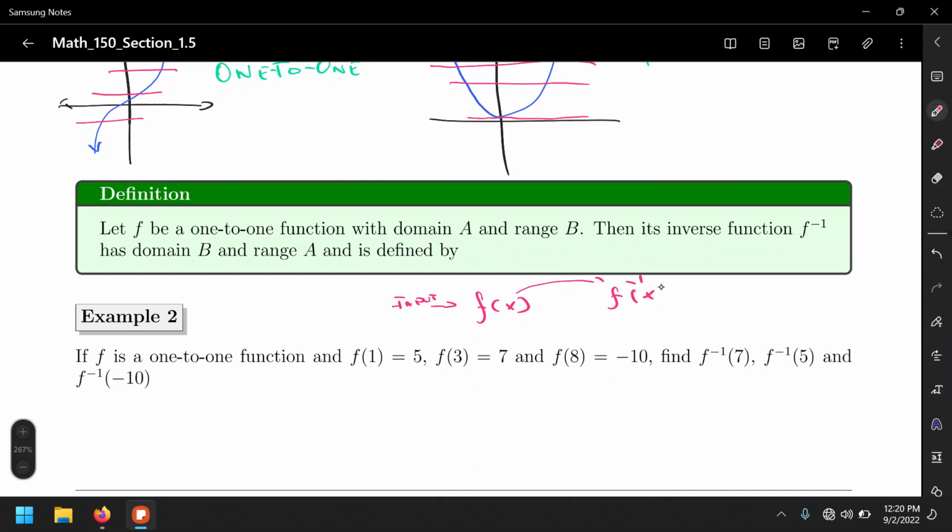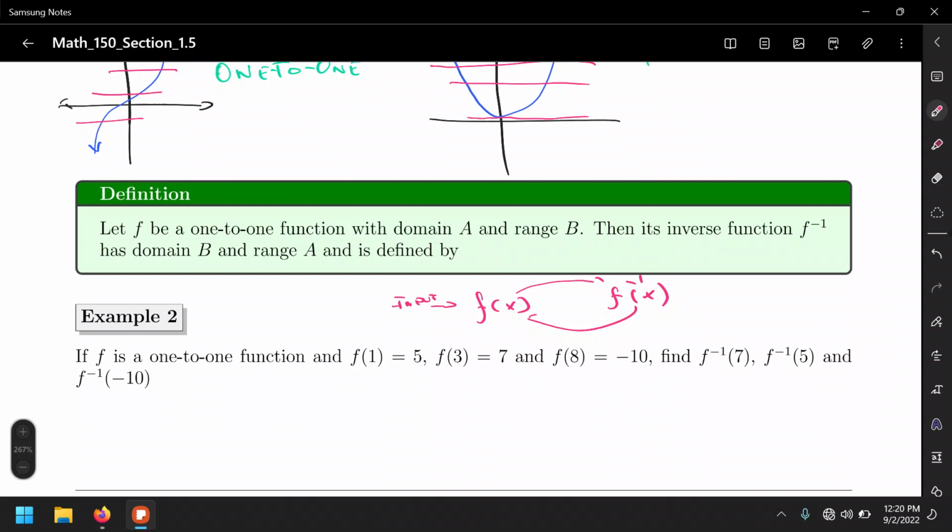But for the inverse function, the output of the original function is the inverse's input, and vice versa. The output of the inverse is the original function's input. So that's going to go over and over in circles.